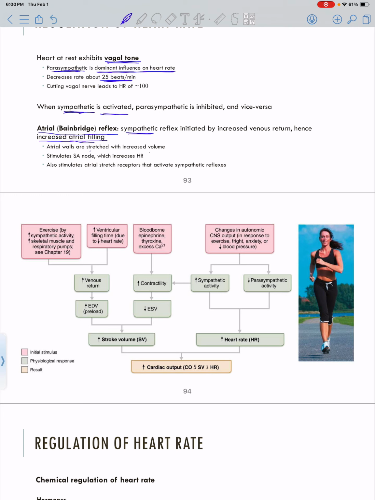When we increase the volume in our atria, this is going to stimulate our SA node, because remember, our SA node resides in our right atrium. So because it's going to stimulate our SA node to depolarize and fire, it's going to cause an increase in heart rate. It's also going to stimulate atrial stretch receptors that don't stimulate the SA node, but that activate sympathetic reflexes to also increase our heart rate.